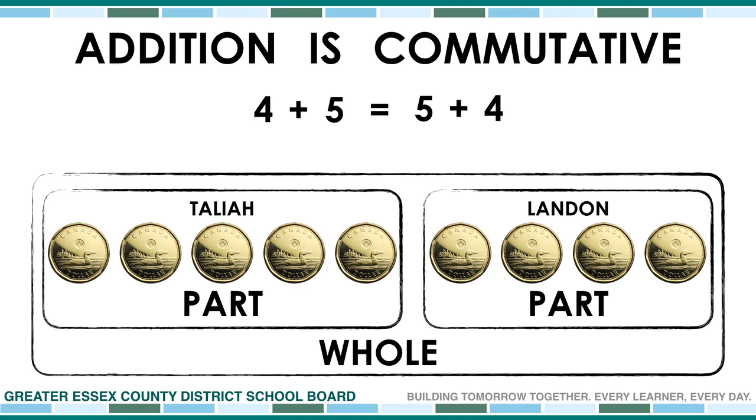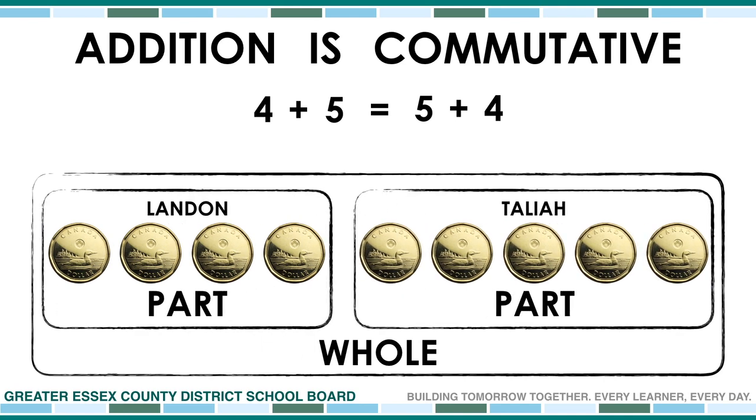Now, the name sounds pretty scary, but think of the word commute. Some of us commute to work each day or commute to the soccer field. Well, in addition, the addends can commute. Just like the 4 loonies and 5 loonies in this problem can commute. And the result is the same quantity of 9 loonies.